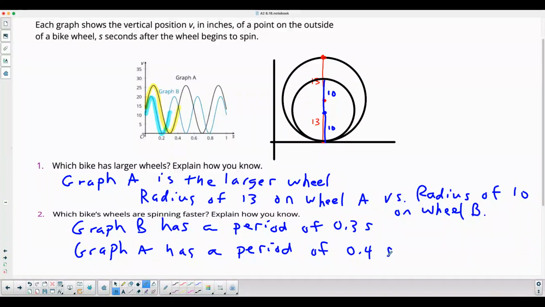So obviously, to do a full cycle, a full period, graph B is definitely quicker. So our answer would be graph B is spinning faster.